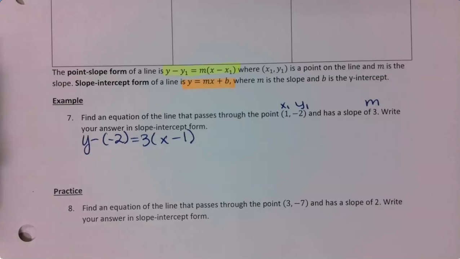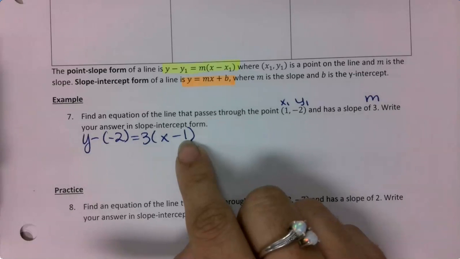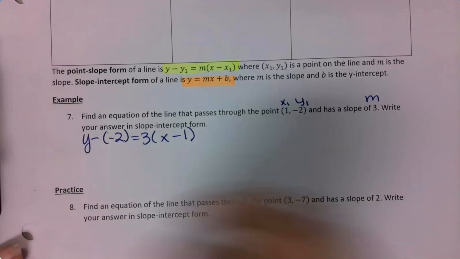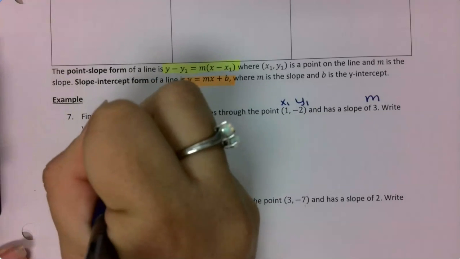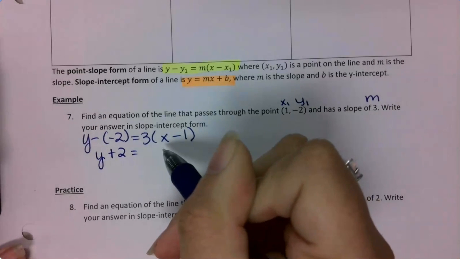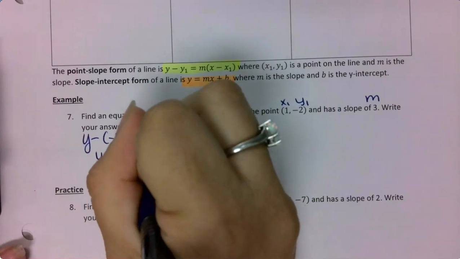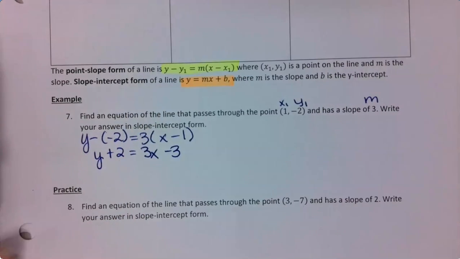Then it asked me to have it in slope-intercept form. Right now it's in point-slope form, so I want to go ahead and simplify. So y minus negative 2 is the same thing as y plus 2. On the right side, I have 3 times x minus 1, so I want to distribute. 3 times x is 3x. 3 times negative 1 is negative 3.